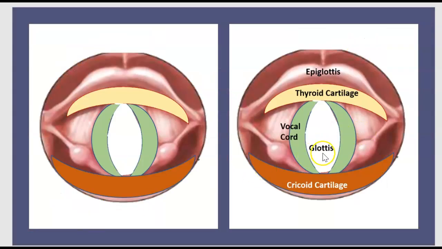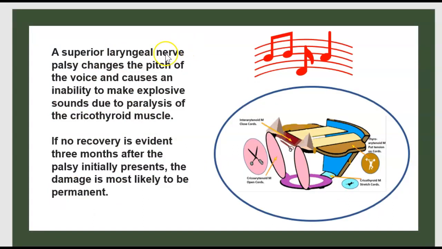From the superior view, there is the glottis, epiglottis, thyroid cartilage, and cricoid cartilage. Vocal cords are in green. A superior laryngeal nerve palsy changes the pitch of the voice and causes inability to make explosive sounds due to the paralysis of the cricothyroid muscle, the blue one, which is responsible for the stretch of the vocal cord.